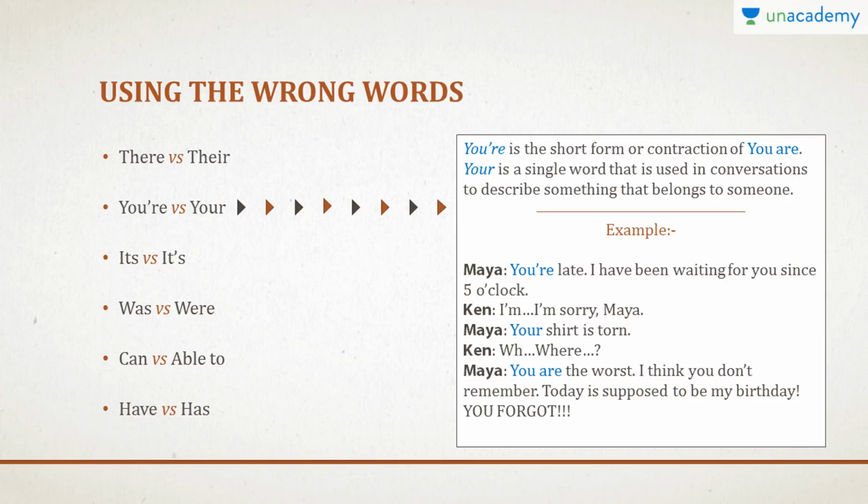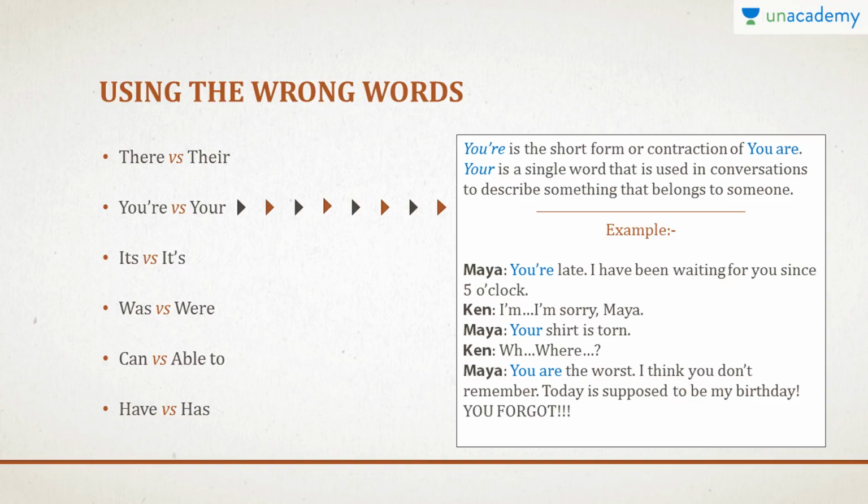If you try replacing it with you're with an apostrophe, it will sound like you are shirt is torn, which doesn't make any sense. And hence it is wrong. So your without an apostrophe applies here. Other examples could be, your hair looks awesome today. Your bus is coming. Your food is getting cold.